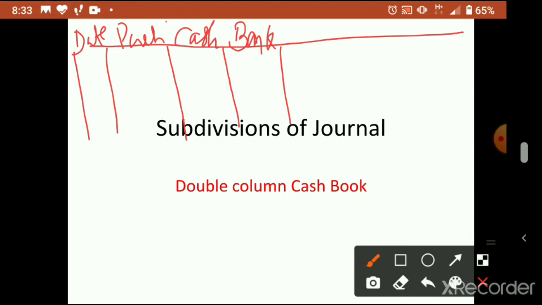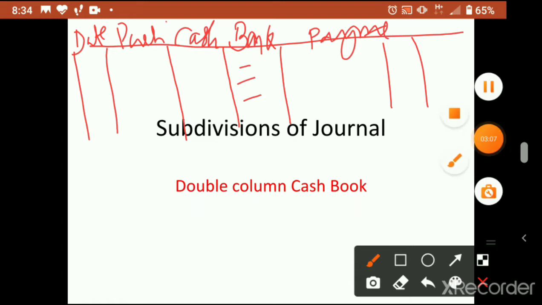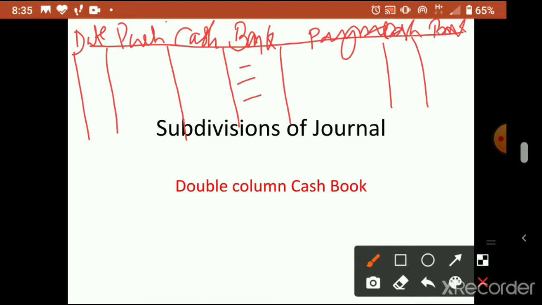If you are receiving cash directly, then you have to write it in the cash column. If the money is received or deposited in the bank, then the amount will go to the bank column. Just like that, the payment side also: if we pay money, the payment side again will have two columns, cash and bank. Both sides are the same, but receipts you have to write on the debit side, payments on the credit side.